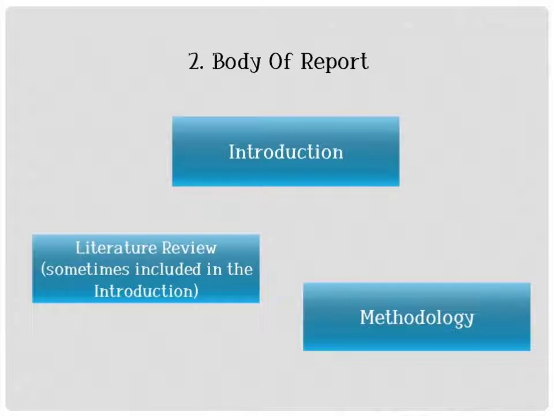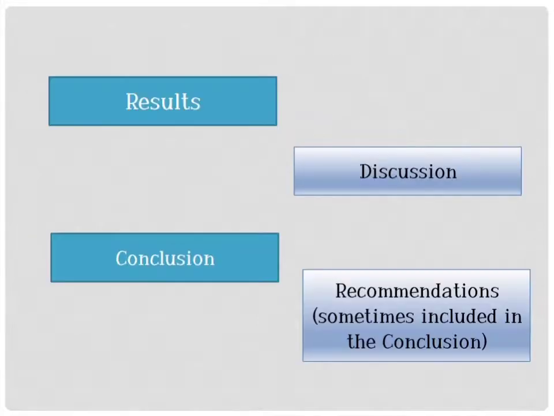In methodology, what you did and how you did it. And then result, what you found. And then discussion, relevance of your result, how it fits with other research in the area. And then conclusion is a summary of results or findings. And then recommendation, what needs to be done as a result of your findings.